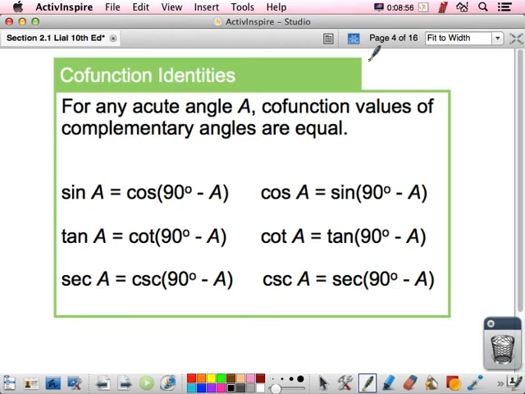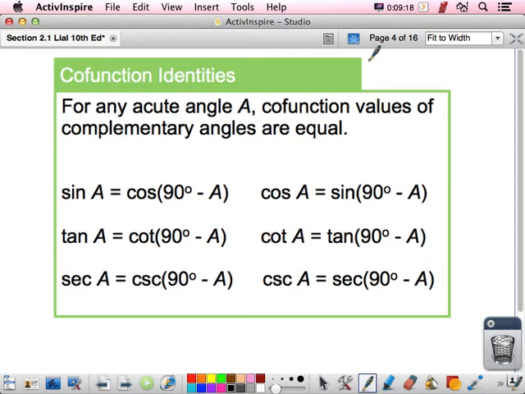At this point, we want to talk a little bit about what we call the co-function identities. You do not have to memorize them unless you absolutely want to. What they do is they tell us the rare occasion when a trig function can equal its cofunction. So there's only a specific time when sine can equal cosine.